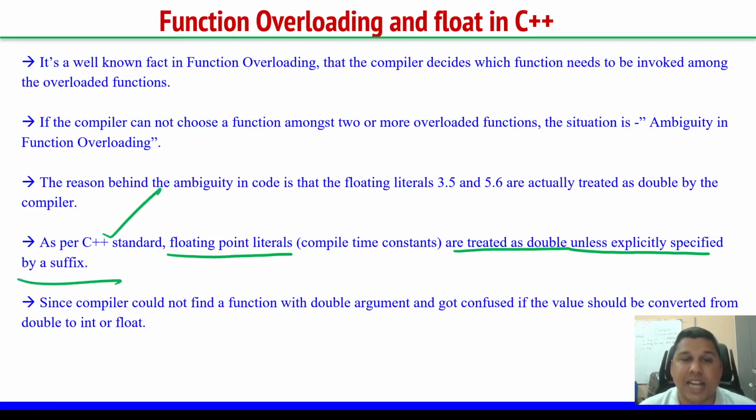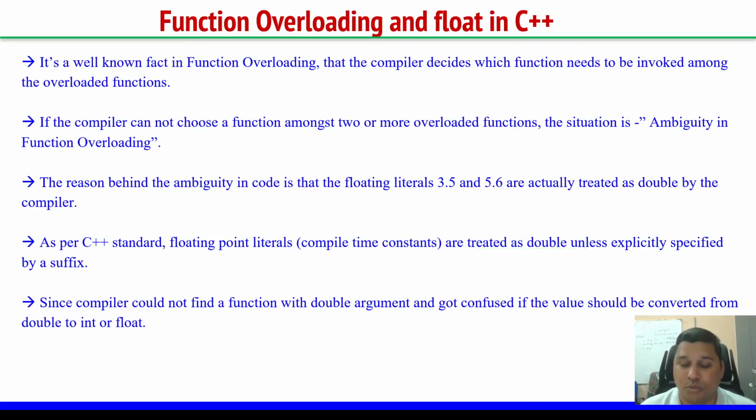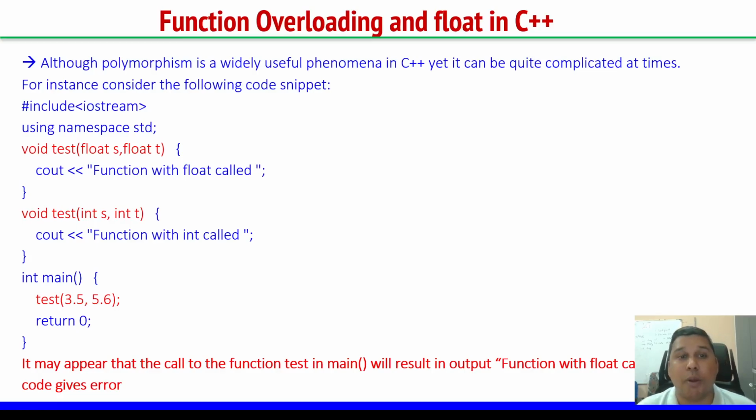As per the C++ standard, all floating point numbers are treated as double. So since the compiler could not find a function with a double argument, it got confused and threw an error. It does not know whether the value should be converted to int or float. I hope you understood the problem here.